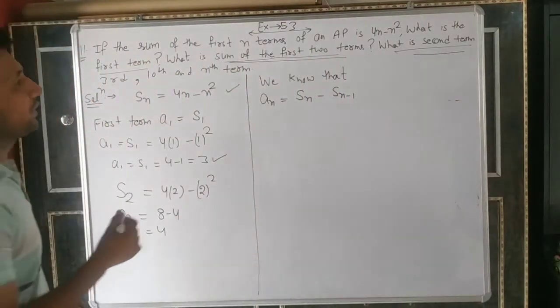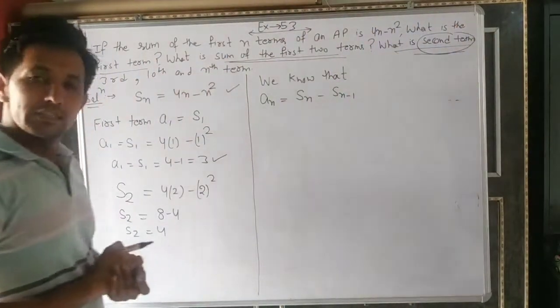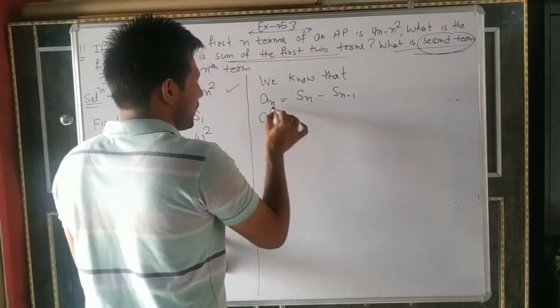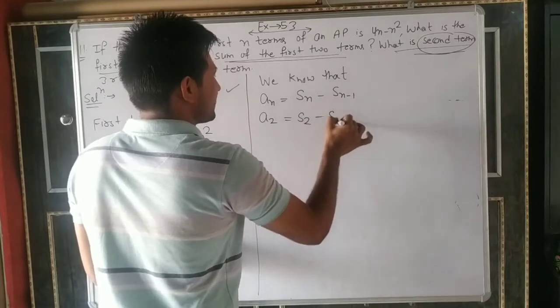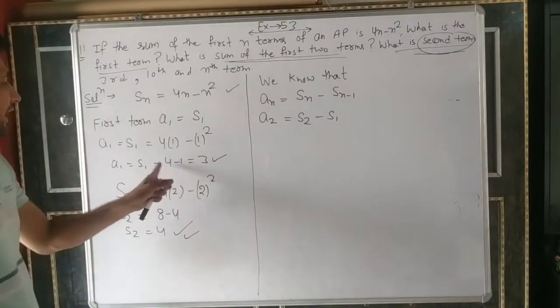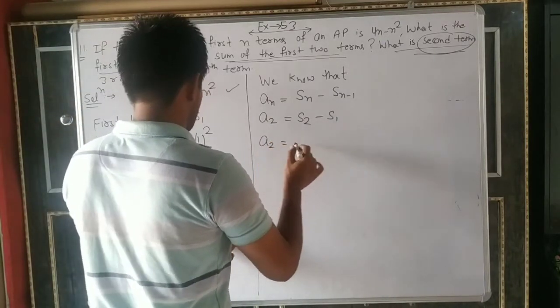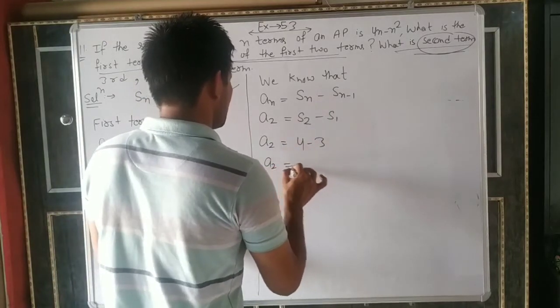And we want to find the second term, so A2. A2 is S2 minus S1. And S2 you also know, and S1 you also know is 3. So A2 is S2, 4 minus 3. So A2 is 1.